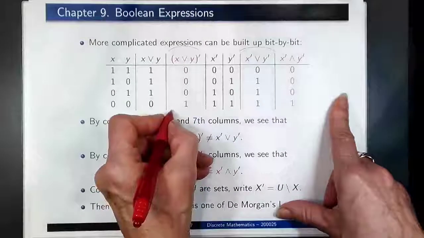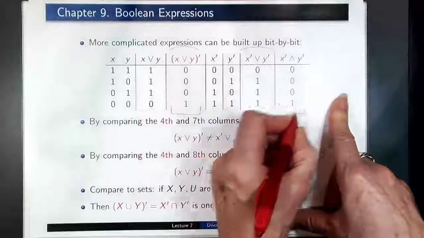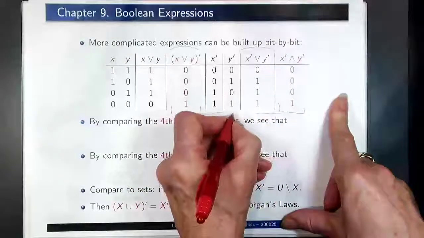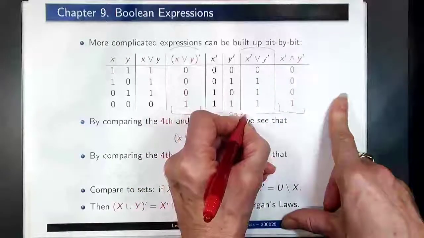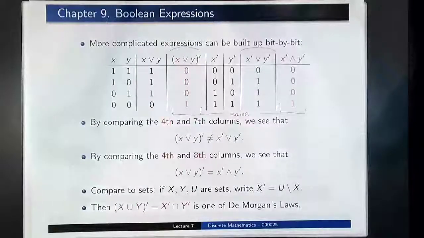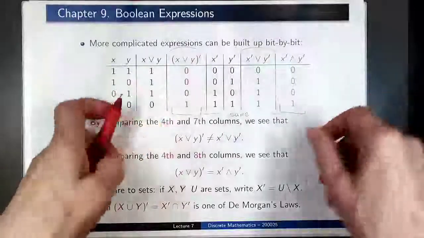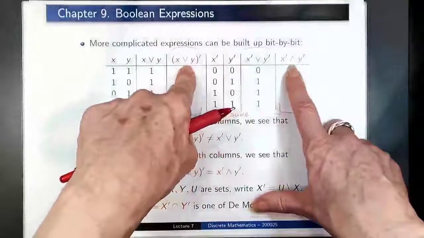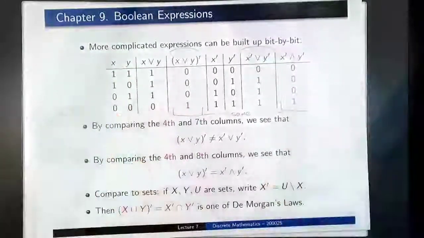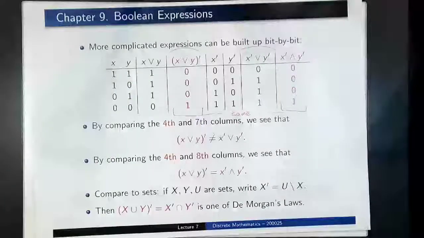Ooh, something interesting. Look, those two are the same. Well, that's interesting, isn't it? This expression is the same as that one for every possible input. That means as logical expressions, as Boolean expressions, they are equal.